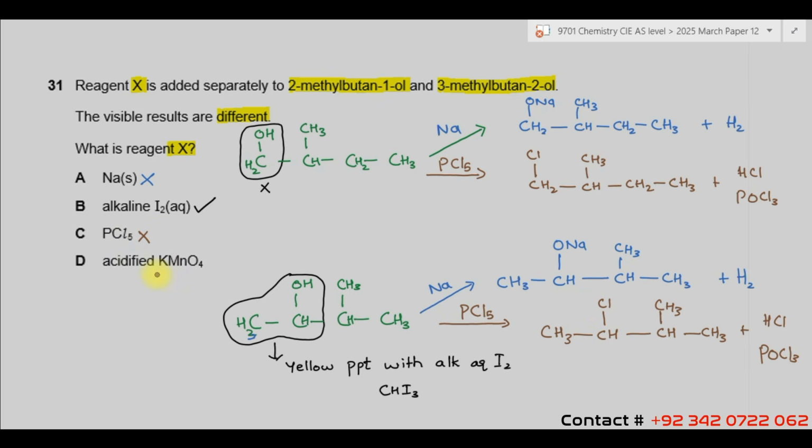Last one is acidified KMnO4. So this is oxidizing agent. It can convert primary alcohol to carboxylic acid. So the first carbon will be converted into COOH.